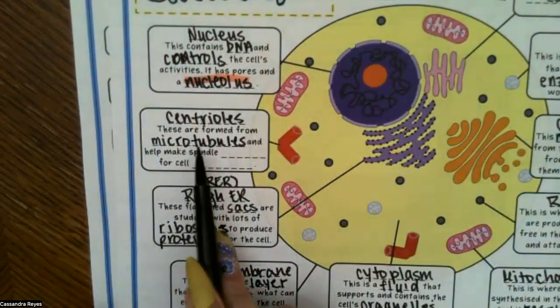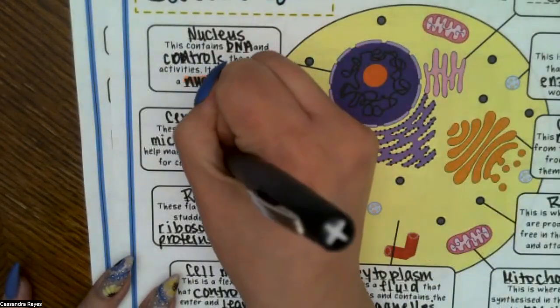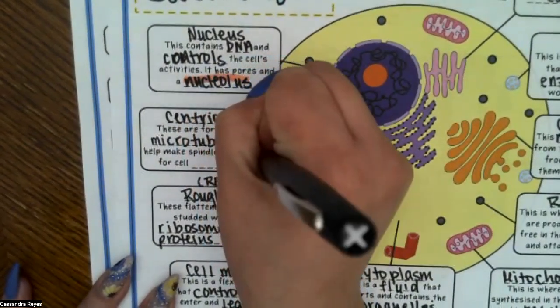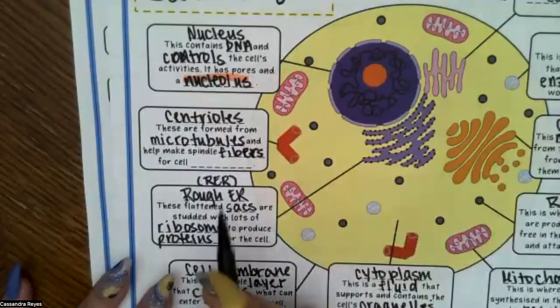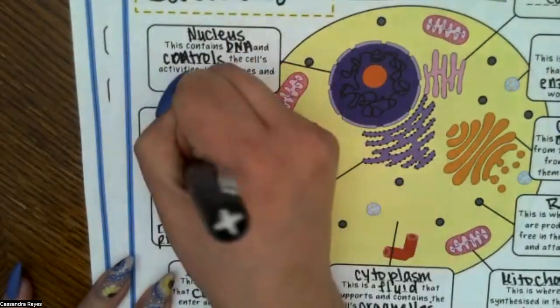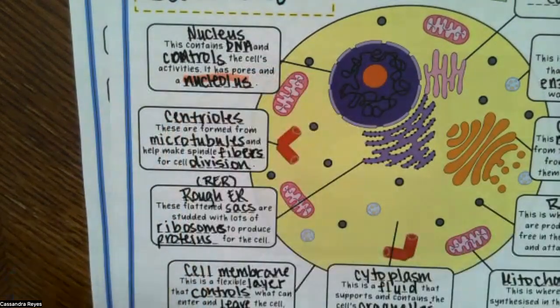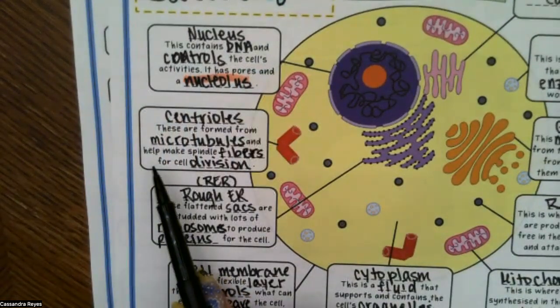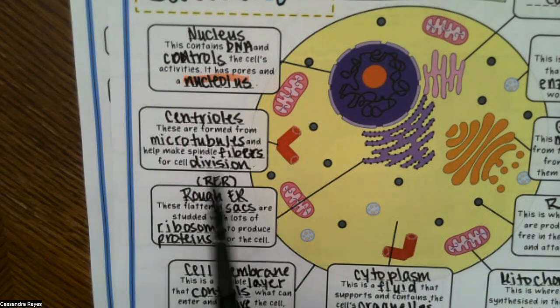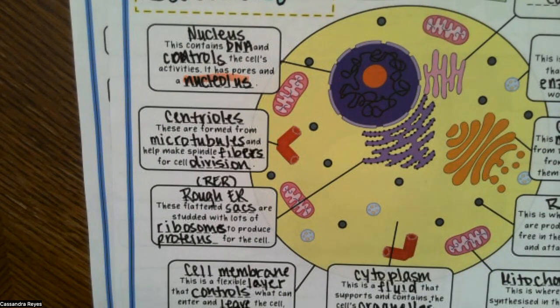They're going to help us to make these things called spindle fibers, in order for our cell to divide. So centrioles are formed from microtubules, and they're going to help us make spindle fibers that will assist us in the process of cellular division.